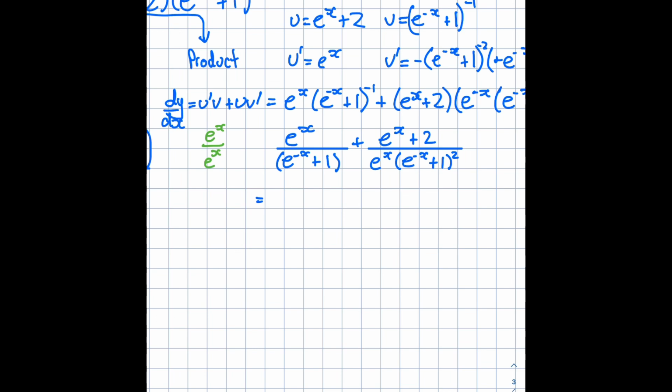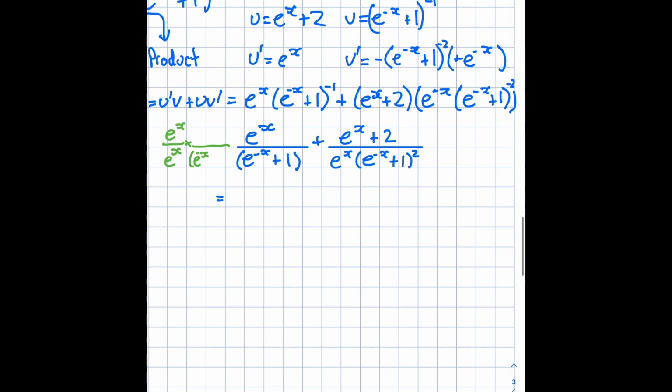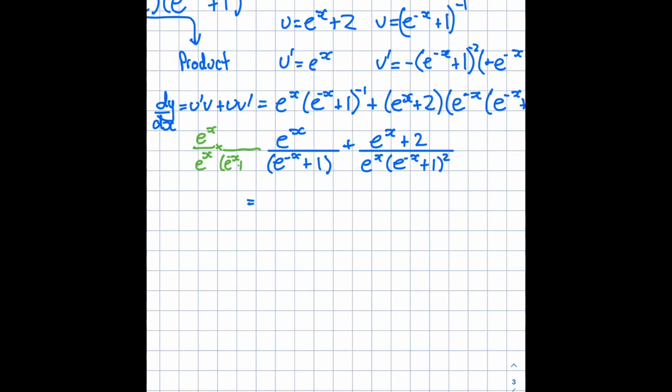And I'll also multiply by e to the negative x plus 1 squared over e to the negative x plus 1 squared.